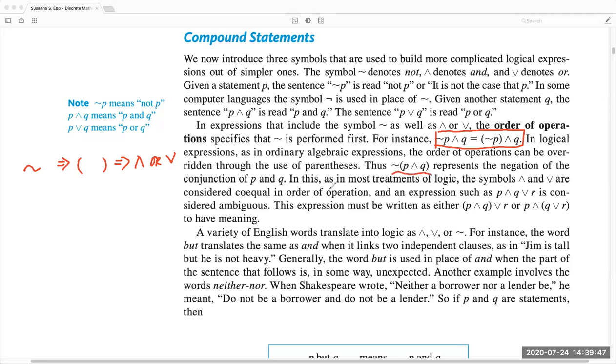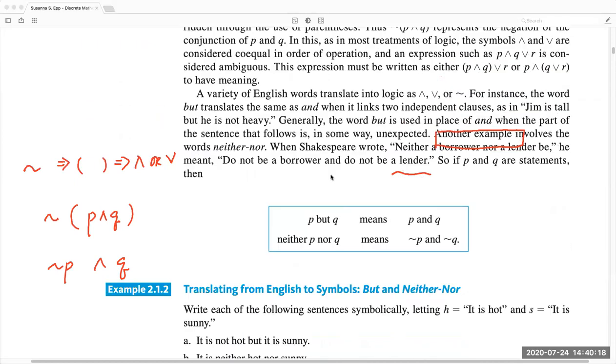Although we do the negation first, we do the negation of the whole object, the whole P and Q. But in this one we do the negation on P only. That means not P, and Q. But this one is not (P and Q): we first find P and Q and then negate that, not only on P. You can use Venn diagrams. Okay, if no question, then let's go on.